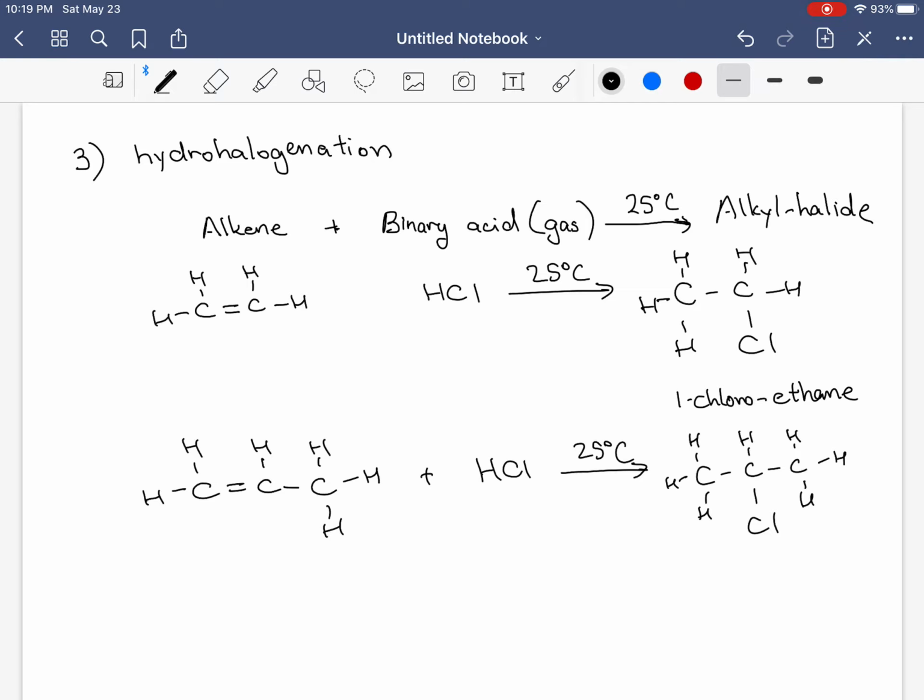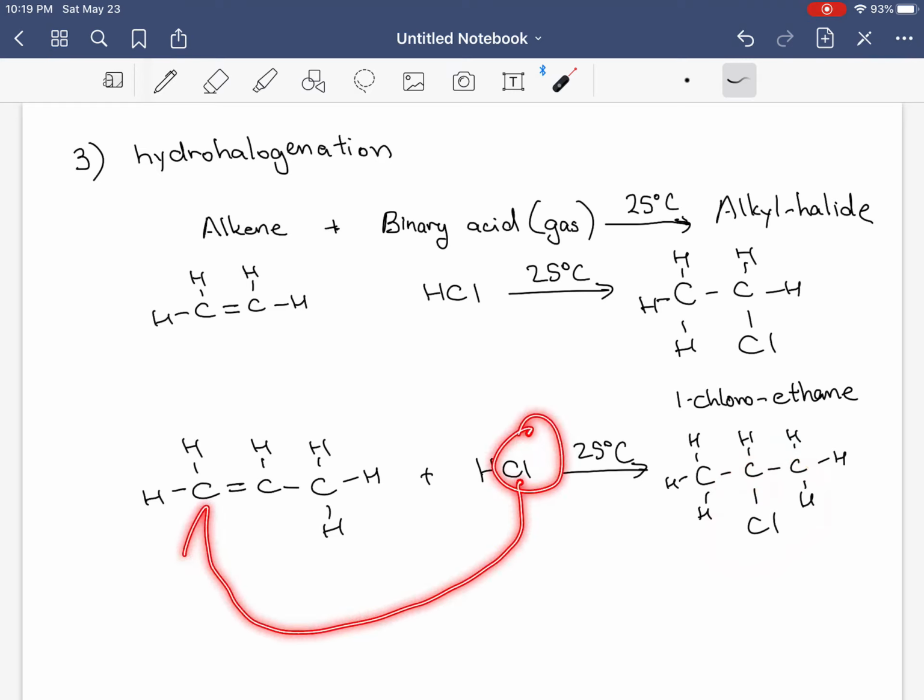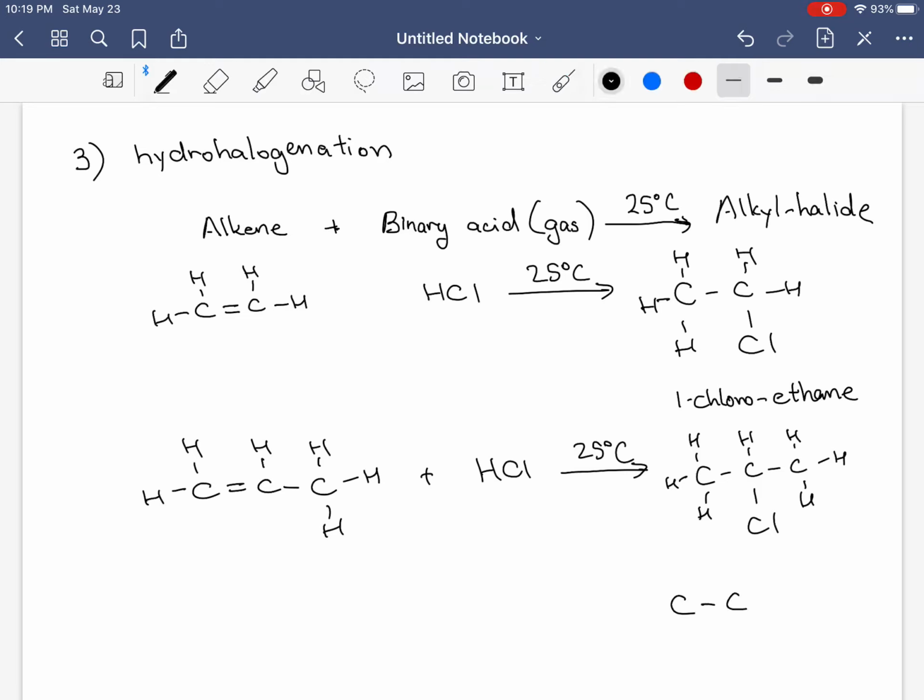But who said this has to be the case? Why can't the Cl come over and hook up with this carbon? Well, you can do that. Why not?